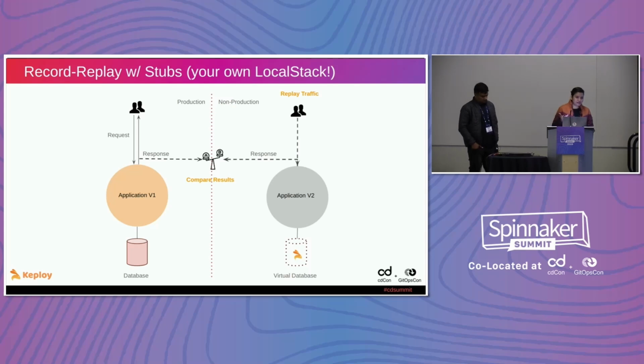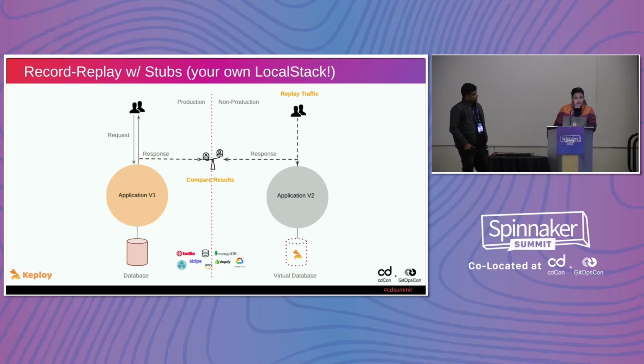If it is a database, let's say, I'm going to take an example of that in later slides, and created that virtual dependency and packaged it into a test case. That's how we created that. It's like a local stack for any kind of infrastructure, not just AWS. So that's how Keploy came into the picture.